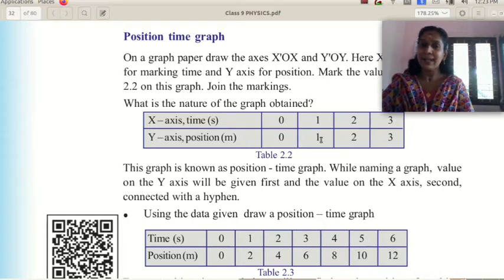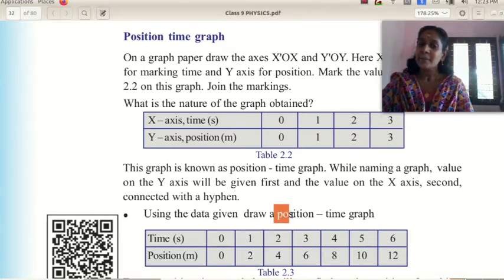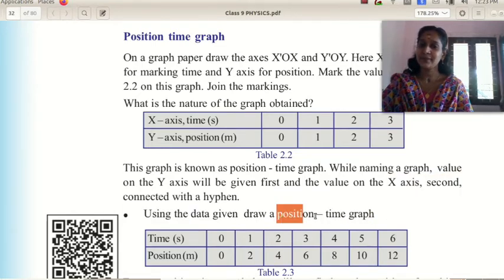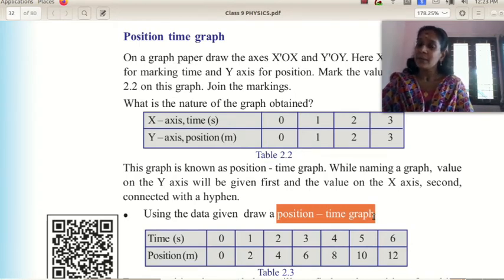So, while naming a graph, the value on the y-axis will be given first. So, we should say position first. After that, you should mention time. So, the name of the graph will be position-time graph. In which way do we say the name of a graph?